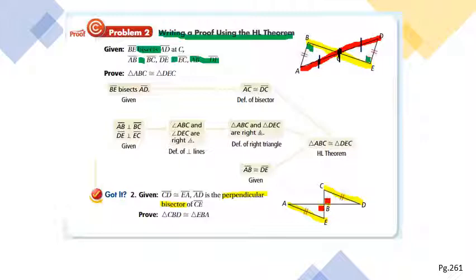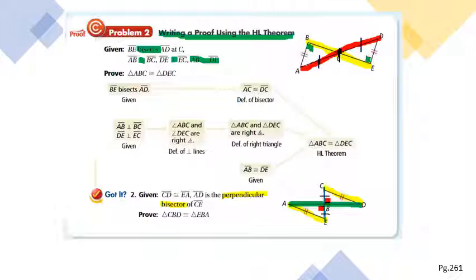And then from the word bisector, we know that the bisector divides the segment into two equal parts. So AD, this one, bisects CE, this one. Okay, AD bisects CE. So you can understand that this leg is congruent to this leg.